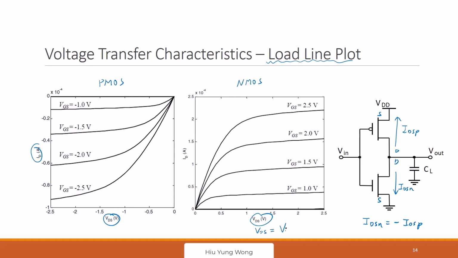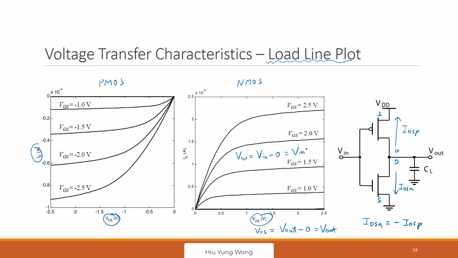VDS is just V out minus 0, which is equal to V out. So in an inverter, the VDS for NMOS is just V out. How about VGS? Based on the quantity, it is Vin minus 0, equal to Vin. That's easy. How about for PMOS?